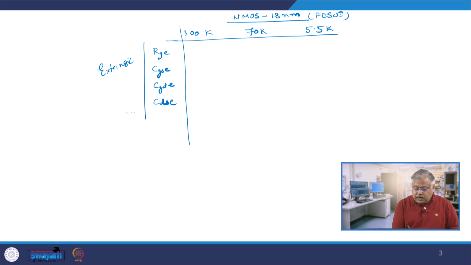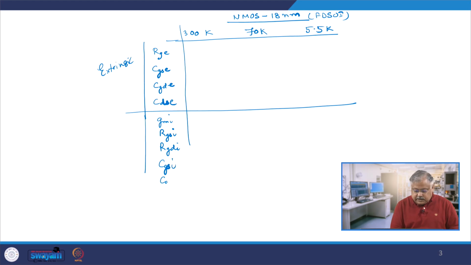You will also have some intrinsic parameters. Say, for example, GMI, which is the intrinsic transconductance. We will look into RGS, the gate to source resistance in the intrinsic region, the gate to drain resistance in the intrinsic region, CGS, gate to source in the intrinsic region, CGD, gate to drain in the intrinsic region, and then CDS, drain to source in the intrinsic region.